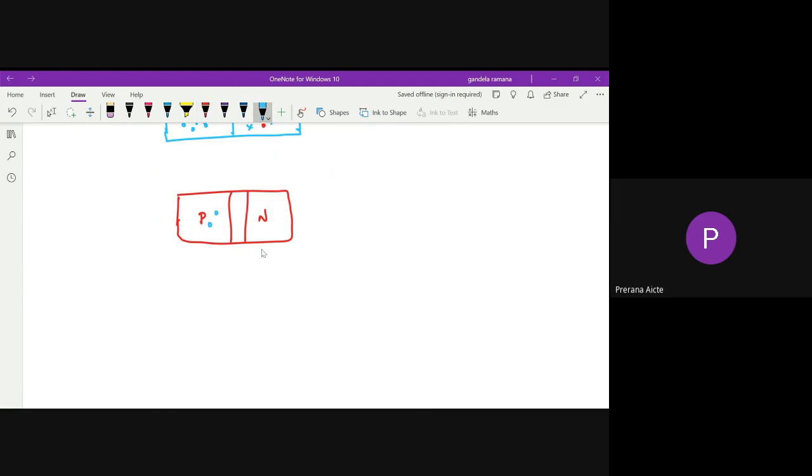Majority carriers here are holes, and here majority carriers are electrons. Minority carriers are electrons here, and minority carriers are holes there.